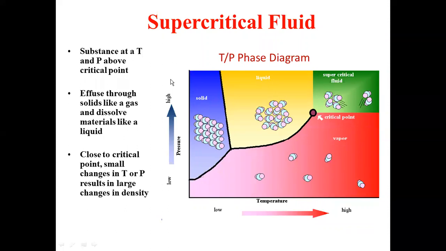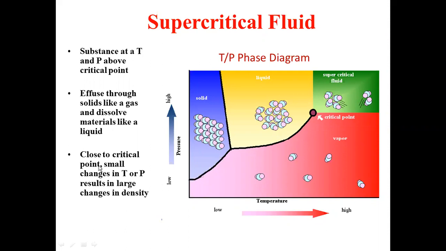So a supercritical fluid is a substance at a temperature and pressure above the critical point. This is the critical point. The liquid phase does not exist, and the substance is converted into a supercritical fluid. Supercritical fluids effuse through solids like a gas and dissolve materials like a liquid.